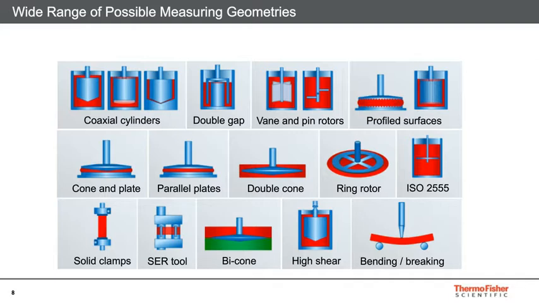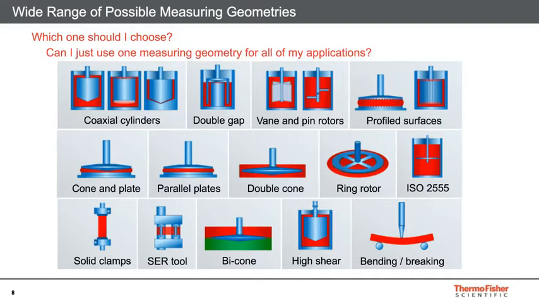So typically the new user to rheology gets overwhelmed and asks the question of which one should I use and which one is suitable for my material. Well, it really depends. It depends on the type of material you're working with and the actual material properties that you're trying to characterize or interrogate. So most people just get overwhelmed. And so then they go down the path of, can I just use a single measuring geometry for all of my applications?